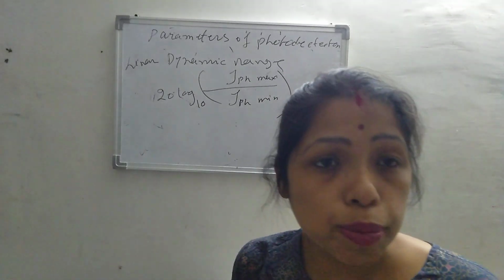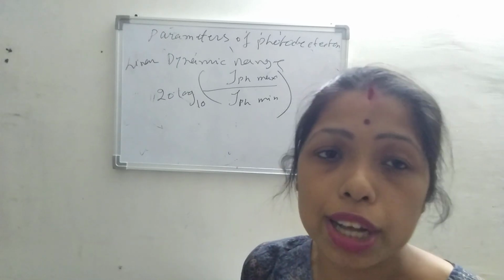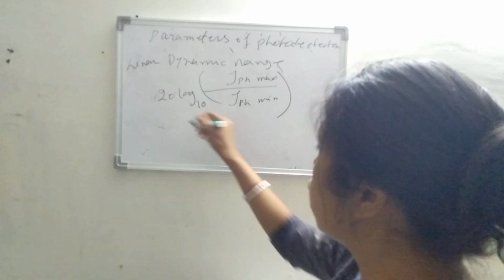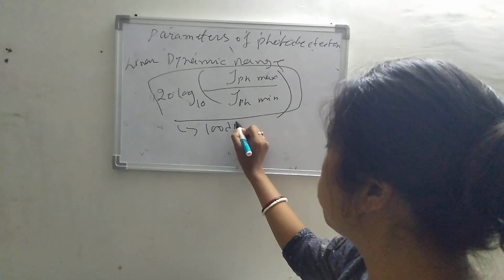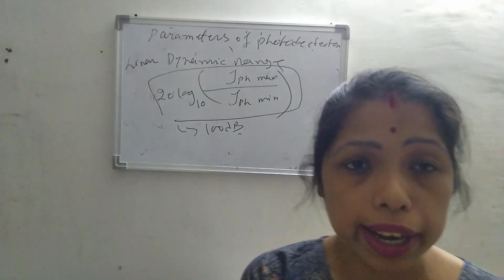That is the dynamic range, the ratio between the maximum photocurrent and the minimum photocurrent. And that is the formula for linear dynamic range. So if we get 100 dB, what will happen? How can you define the linear dynamic range?